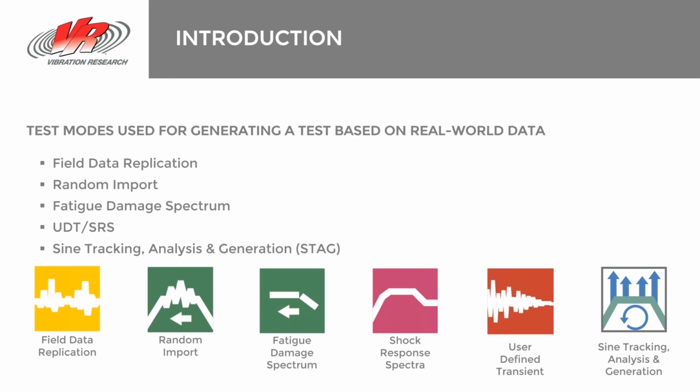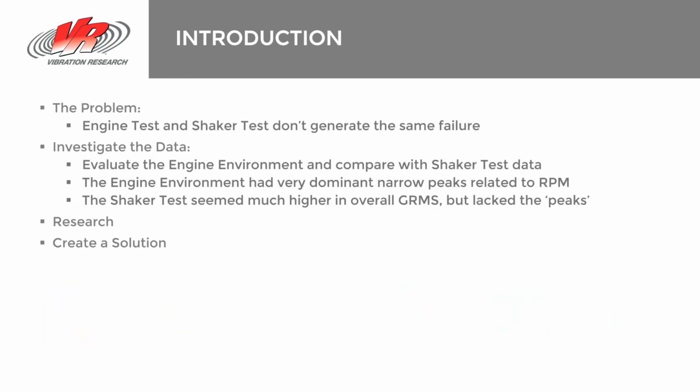And then we use the fatigue damage spectrum for the remaining content, which would be our random environment after we've extracted that rotational tone or tones out of the real world waveform. So we'll step through this in presentation format a bit, and then we will actually jump in and just walk through a time history file and demonstrate this process and the test that gets generated in the end.